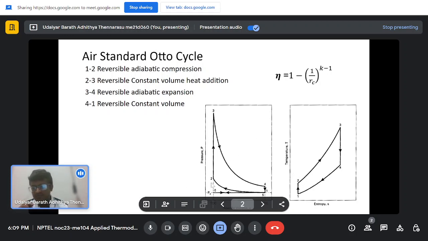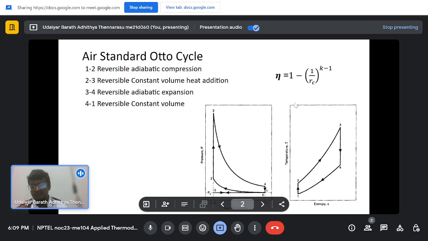The efficiency of the air standard Otto cycle, if you define it, will be W net by Q. The work done in process 3 to 4 minus 1 to 2 is the W net amount of work which is generated, divided by the heat supplied, Q 2 to 3, in process 2 to 3.